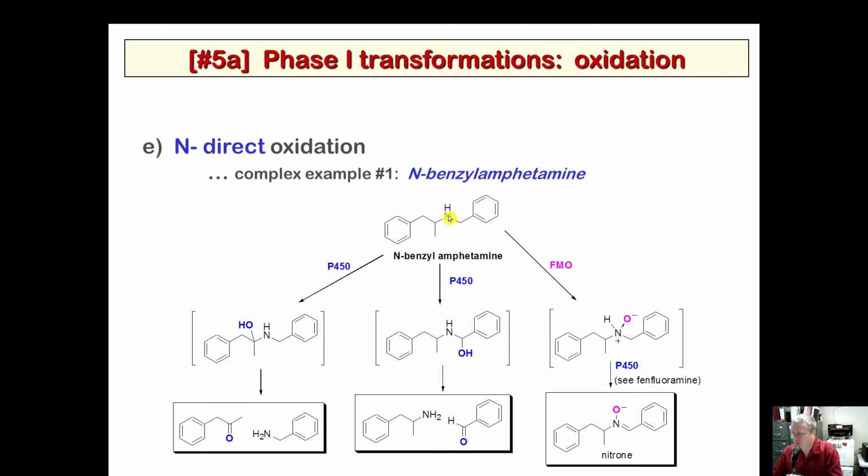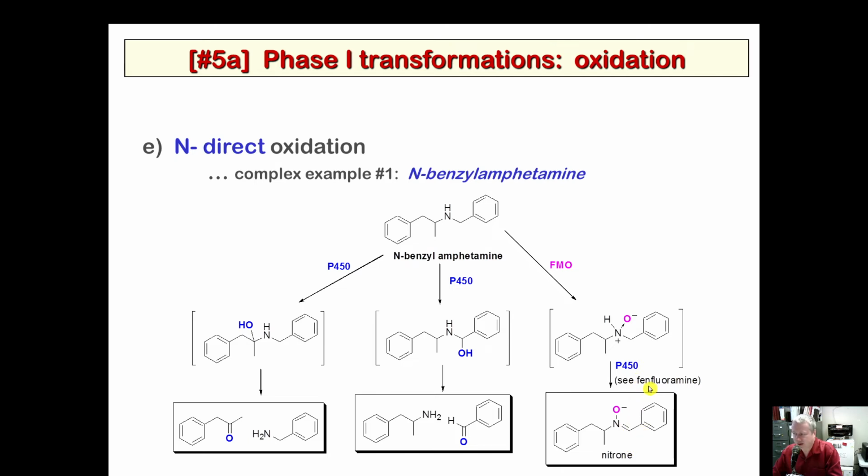And then furthermore, FMO can do a direct oxidation of the secondary amine to make the N oxide, and then how did we get from this N oxide to the nitrone?